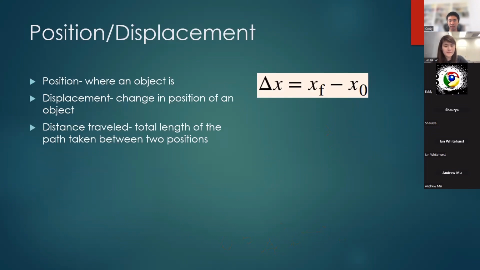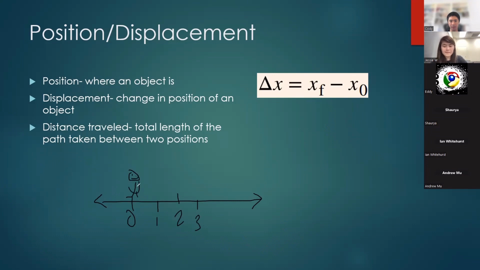So then position. Position is where an object is. For example, let's say we have a number line, and there's a person standing here.